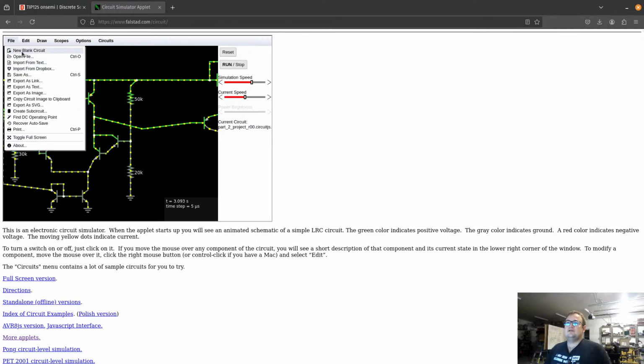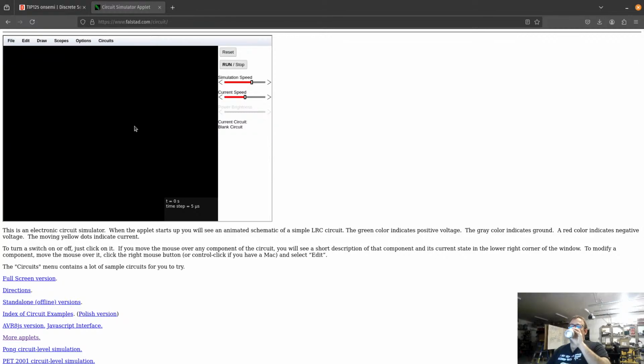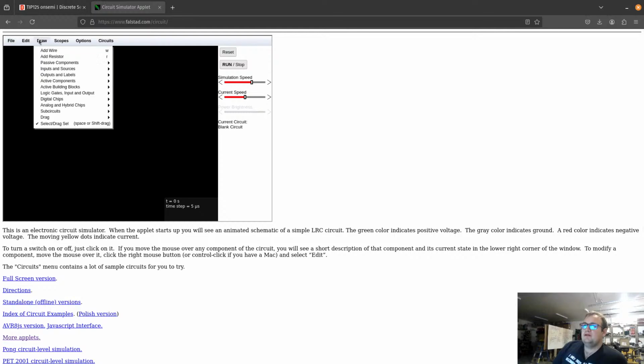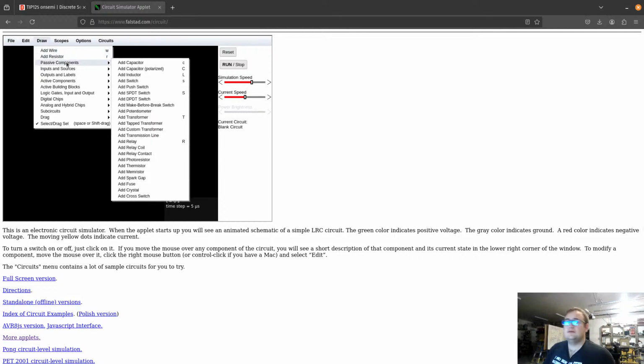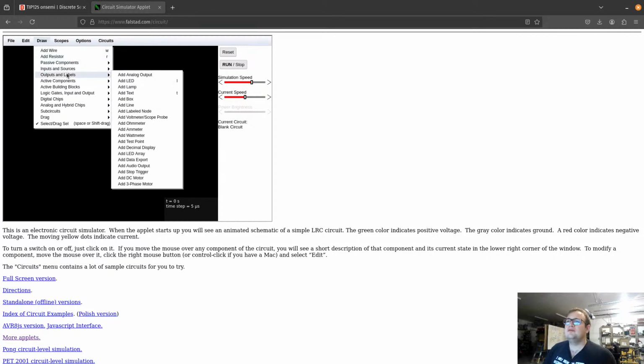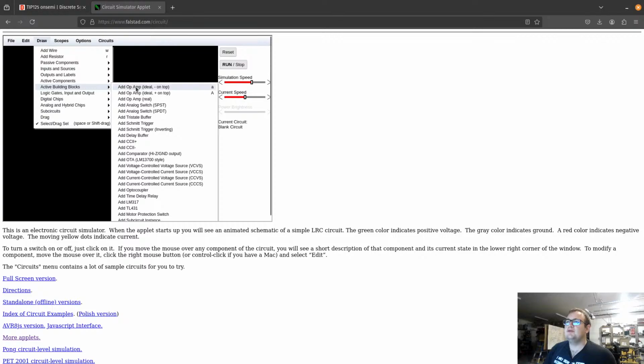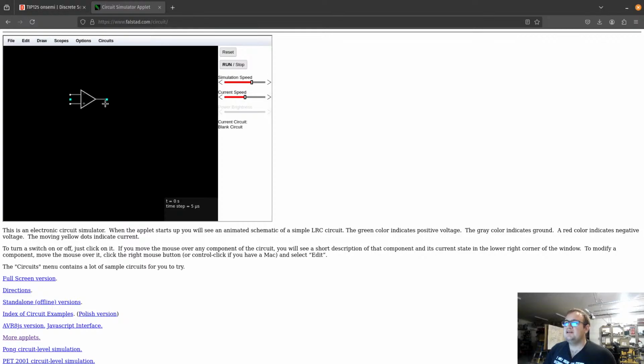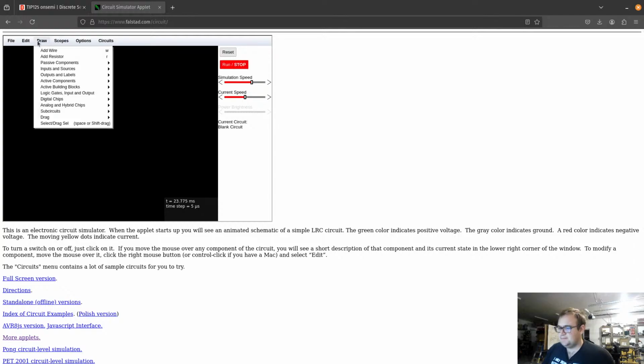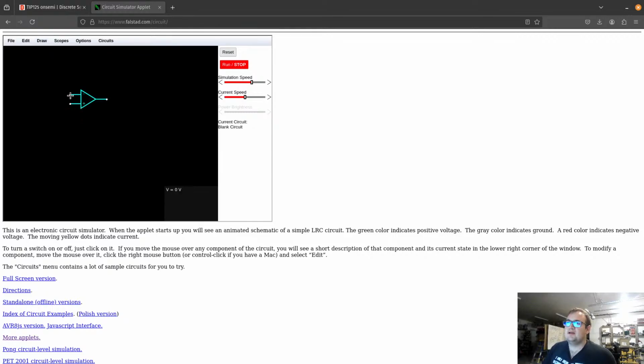Let's go new blank circuit. Draw. We want to go active building blocks, ideal op amp, ideal, minus on top. We're going to stop this again. This is a nice, easy circuit to analyze, I think, so I think I'll get it right, then my confidence will be back up.